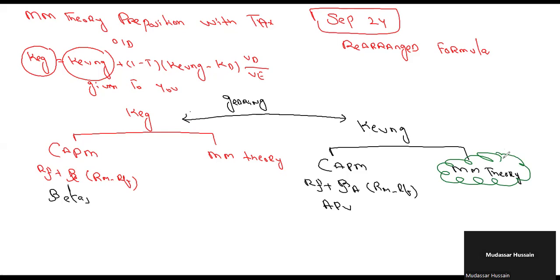So now what happened, guys? The examiner introduced a new formula, that is: cost of equity of the geared company plus (1 minus T) into KD into value of debt over value of equity is equal to cost of equity of the ungeared company plus (1 minus T) into cost of equity of the ungeared company into value of debt over value of equity.